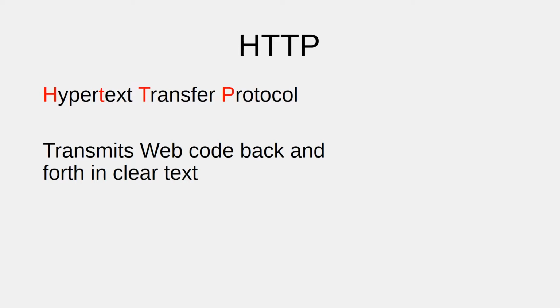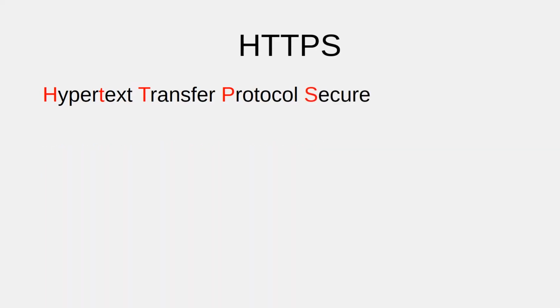That is, the code is easily readable for anybody who has access to it. So if somebody happens to be eavesdropping on your browsing session on an unsecured wireless network, they can easily read any information that is sent through HTTP. There is another protocol called Hypertext Transfer Protocol Secure, or HTTPS, that adds another step to the HTTP protocol.